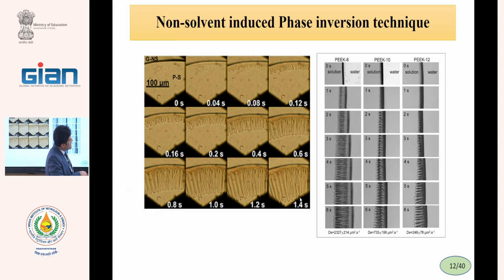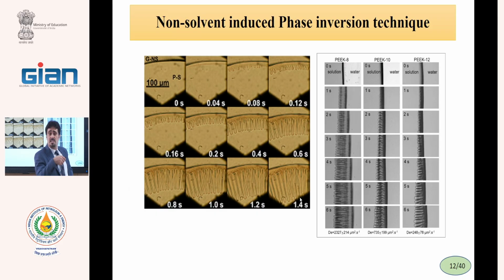For example, in the right photographs, we have 3 different polymer solutions. The polymer is similar, polyether ether ketone, but their concentrations are 12, 10, and 8%. With increase of the polymer concentration, the viscosity of the solution increases.